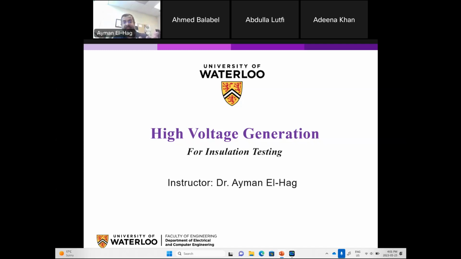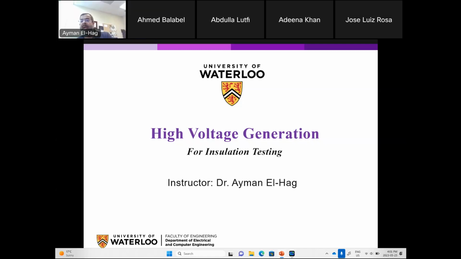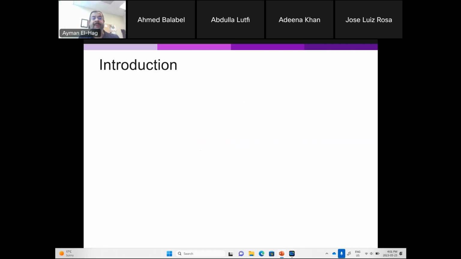Now, you have to test the asset to meet the design criteria that you have. And again, I'm talking here about testing the asset from the high voltage perspective, because there are different tests each asset goes through. But one of the classes of tests is the high voltage test to test the integrity of the insulation of your equipment.